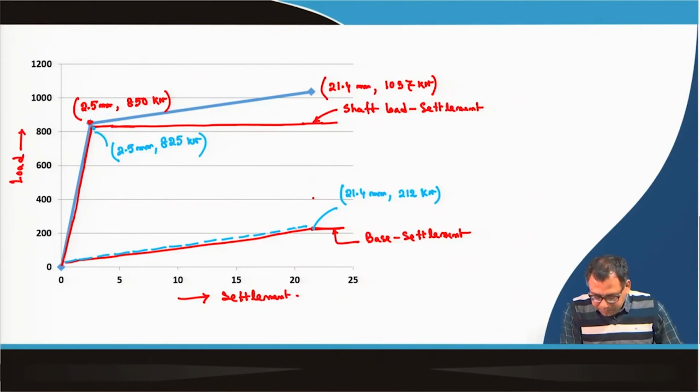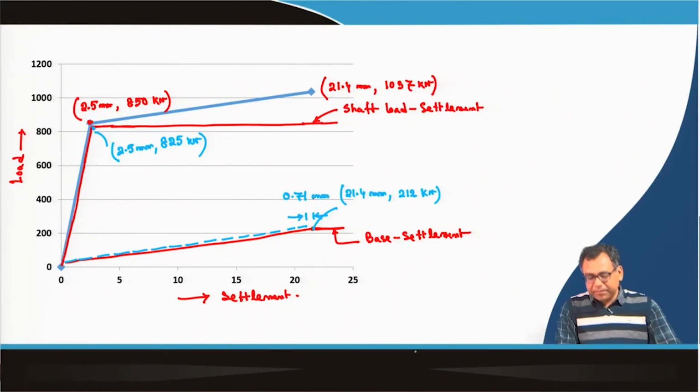Okay. And this additional deformation due to the pile material is 0.71 millimeter. Okay. So, this is the curve.